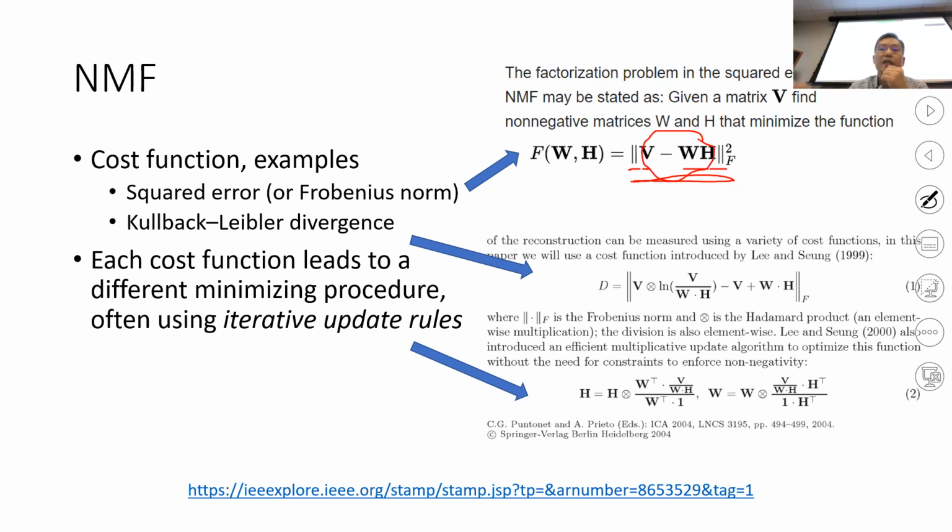You want to make this matrix-level norm, this L2 norm for the matrix, as small as possible. So that's your cost function. You want to minimize this.